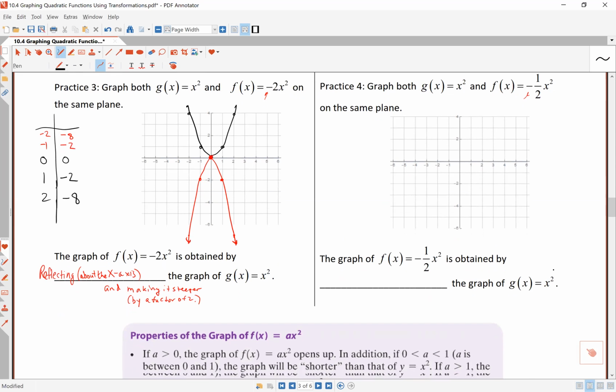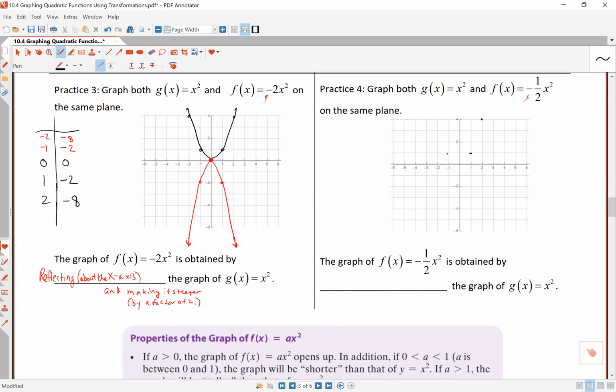So a traditional graph, 1, 1, 2, 4, negative 1, 1, and negative 2, 4. Negative 1/2 x squared, if x equals 0, then y is equal to 0.